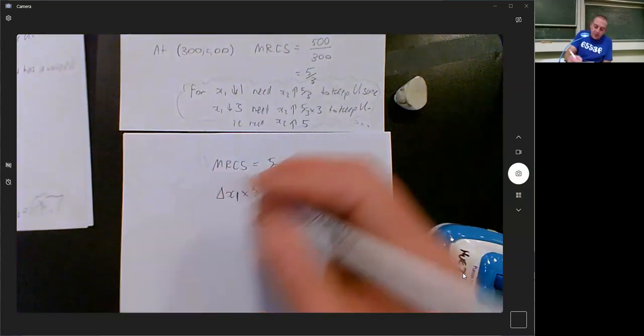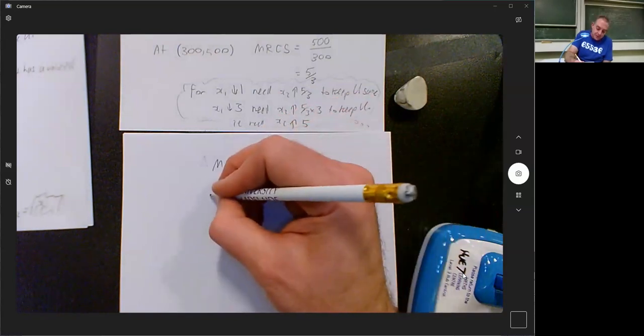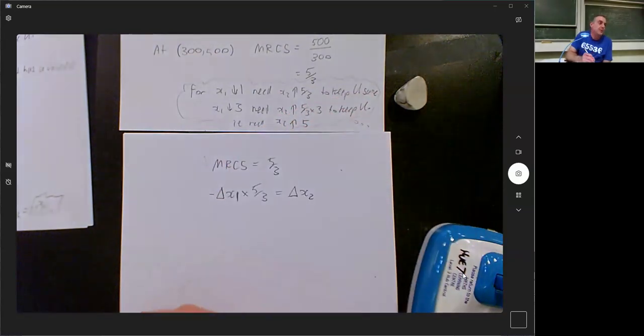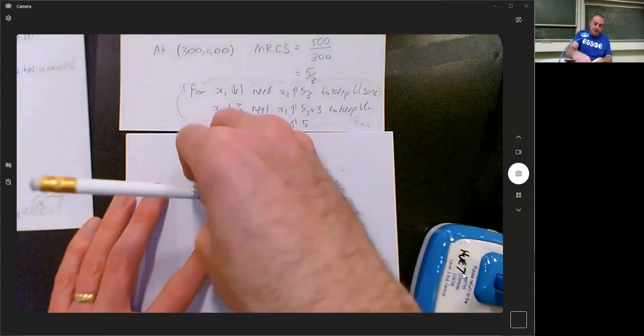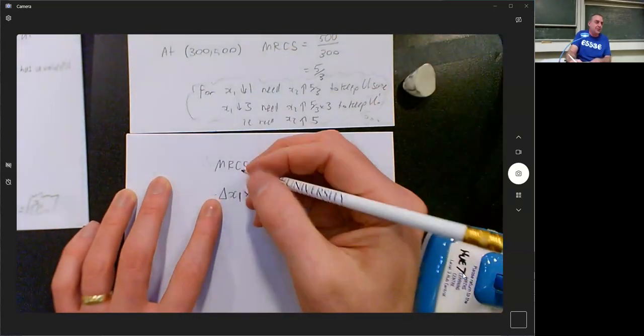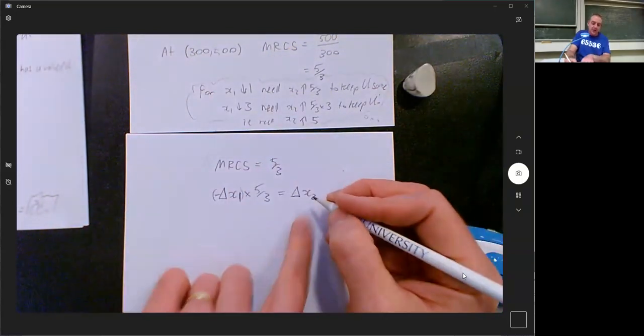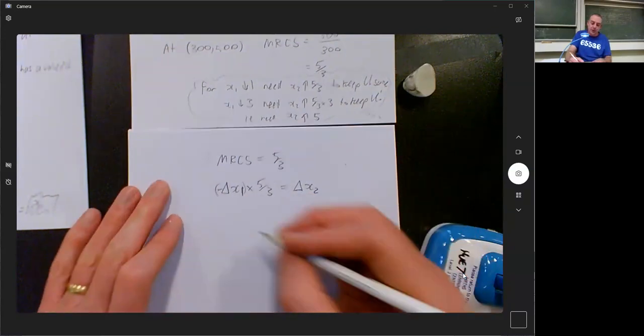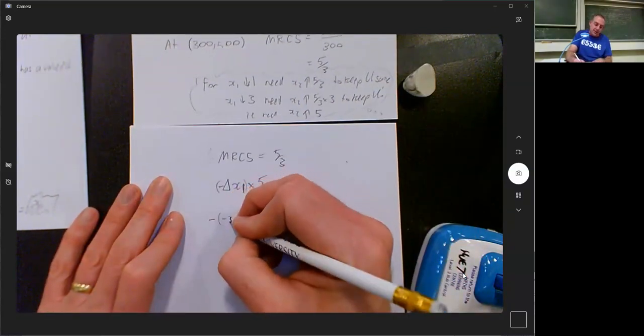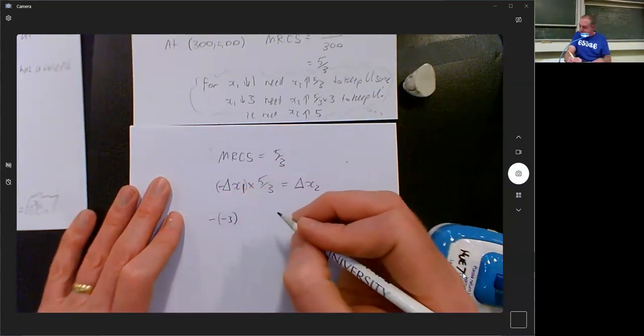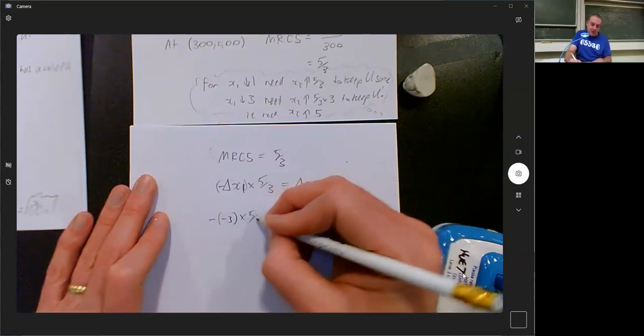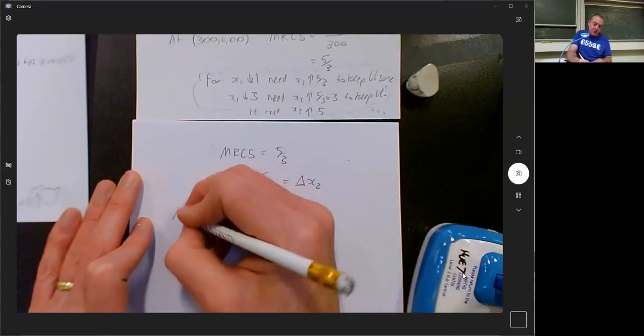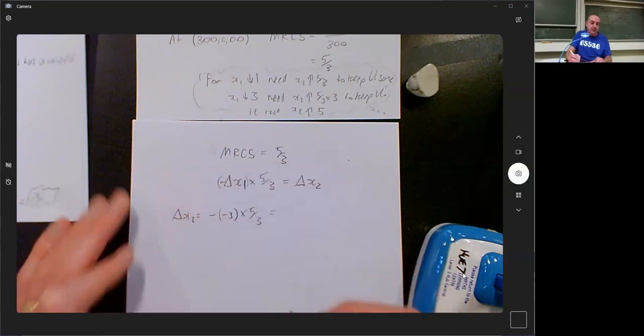Though technically it's minus, but it's like the downwards x1 change matches with an upwards x2 change. And so you've got minus going down by 3 times 5/3 is what the change in x2 is going to be.